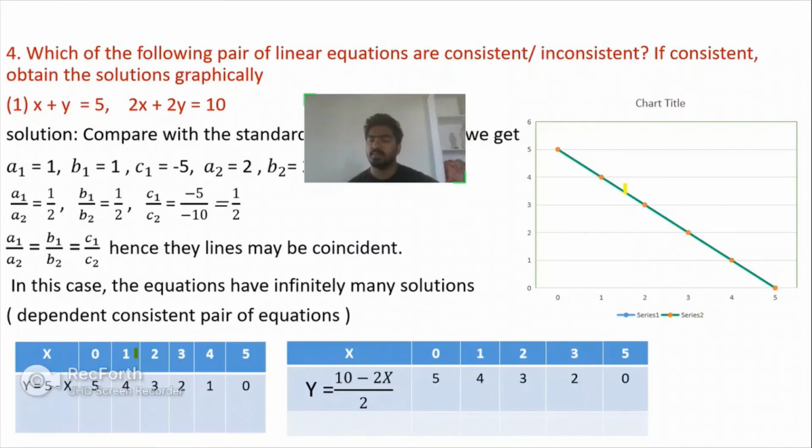So here in the graph we can see only one line, that means these two are coincident with one another. Hence, we can clearly say that if a1 by a2 equal to b1 by b2 equal to c1 by c2, then these lines may be coincident.